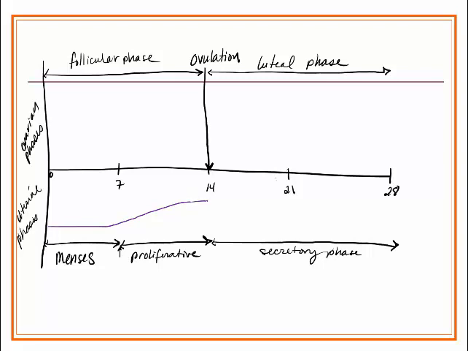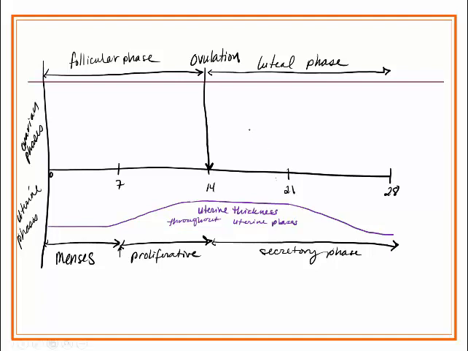Then it's going to remain high while the corpus luteum is alive. But then the corpus luteum begins to die about halfway through the secretory phase, and we begin the sloughing and end up at the same level that we would start at the beginning of menses again. So this is uterine thickness throughout the uterine phases.